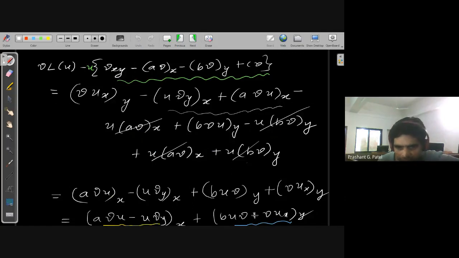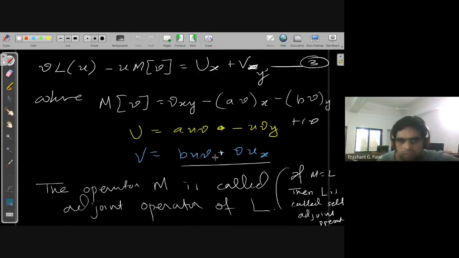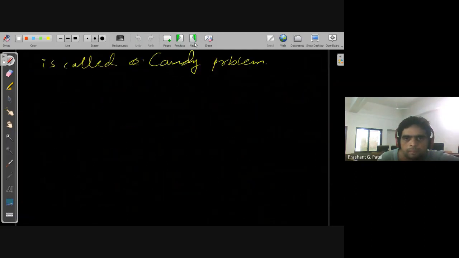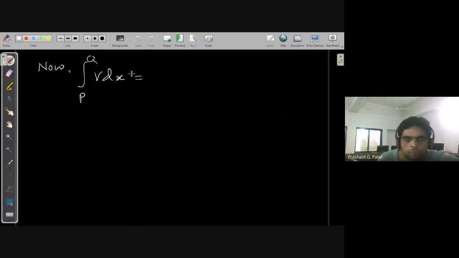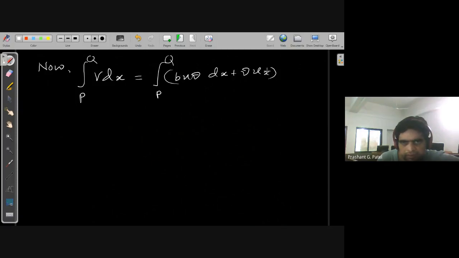You just see that here it is plus, so that was my mistake. Here it is plus v ux. So using this, this is the quantity from P to Q of b uv dx plus v ux dx.